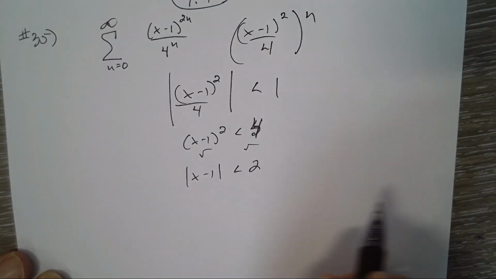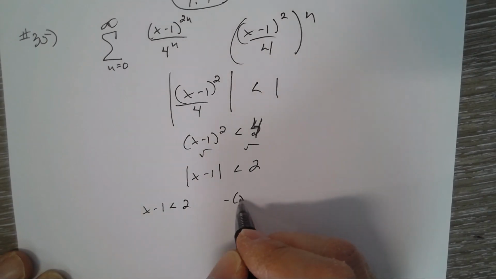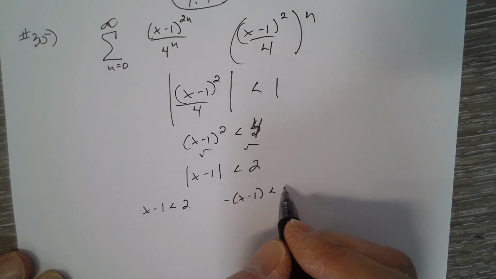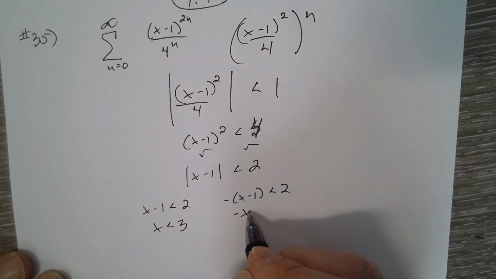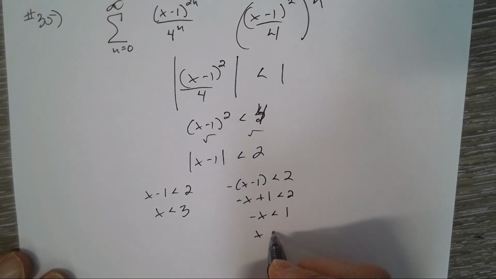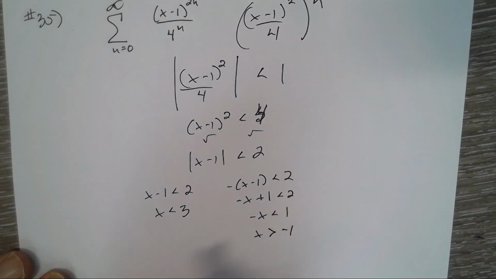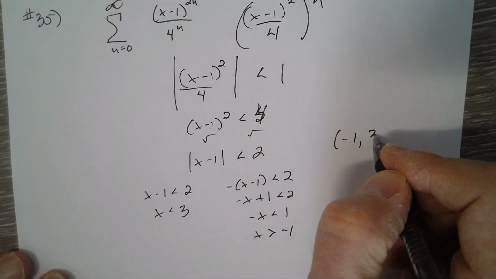So we have x minus 1 is less than 2, and the opposite of x minus 1 is less than 2. So x is less than 3. Divide by -1, so x is greater than -1.